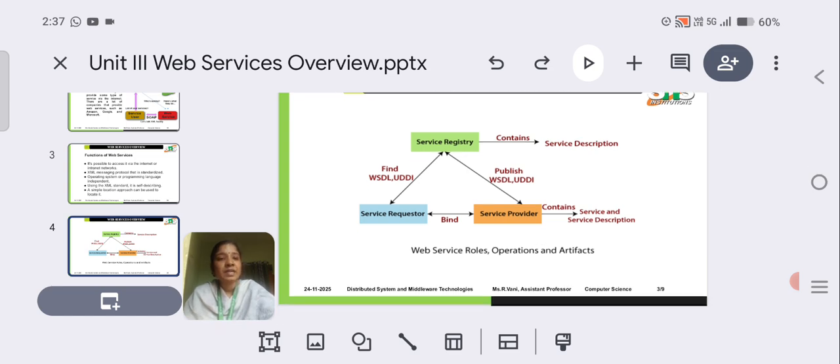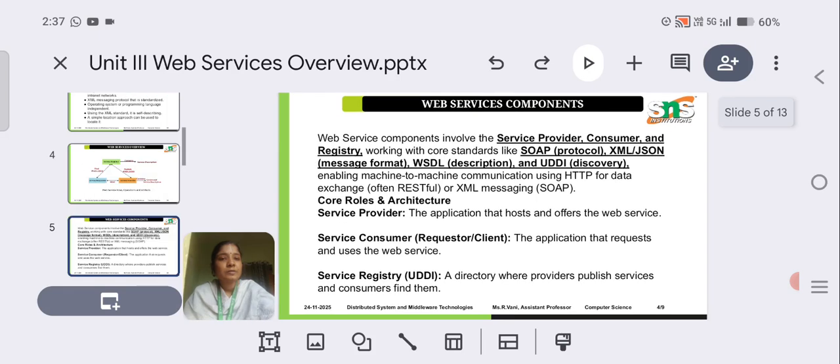The next one we are going to see is what the web components are. As I mentioned before, web components are the service provider, consumer and registry, which work based on SOAP, WSDL, and UDDI.